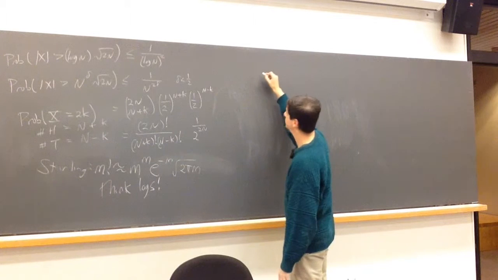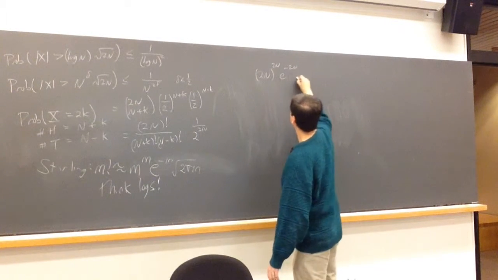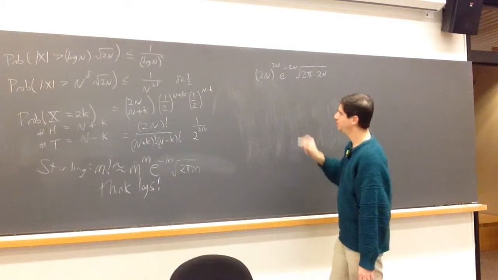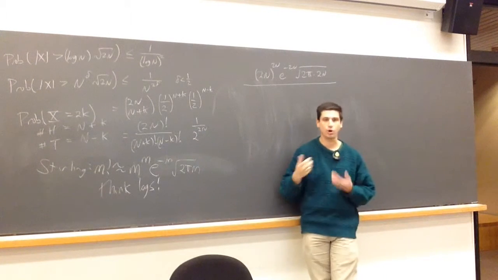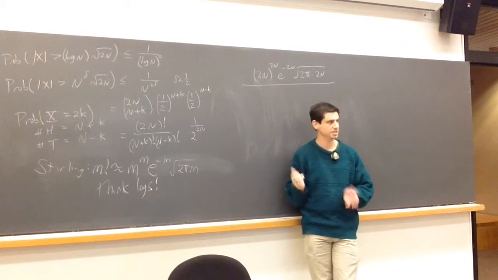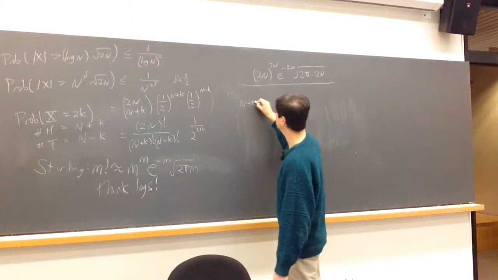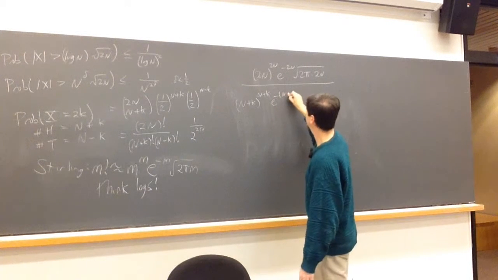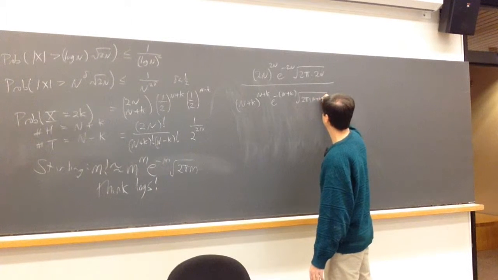So 2n factorial becomes 2n to the 2n e to the negative 2n square root of 2 pi times 2n. Downstairs, we have the n plus k and n minus k. If you want, all I'm doing is for the most part in the book. If you want to just denote the key ideas, that's fine. The algebra is in the book. So we have n plus k to the n plus k e to the negative n plus k square root of 2 pi n plus k.